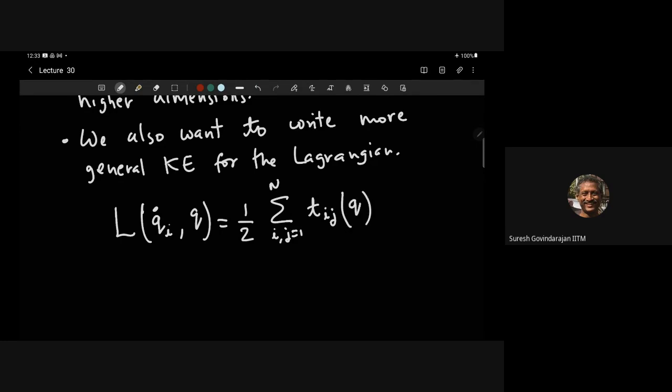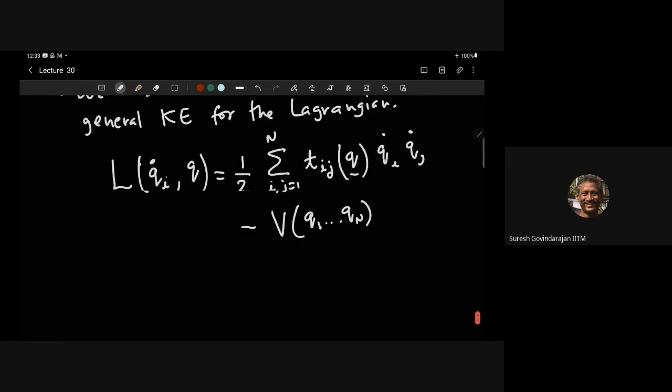Okay, so by this I mean, for instance, I'm going to allow Tij to depend on coordinates. By Q here, I mean all coordinates, times Qi dot Qj dot. So this is the kinetic energy minus some arbitrary potential. Okay, so this is the form.